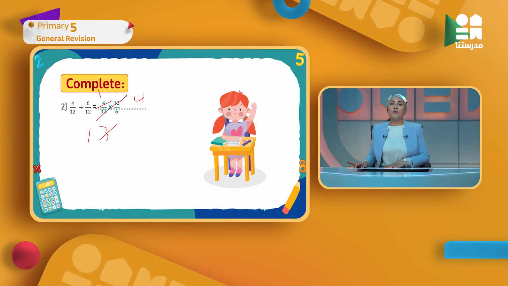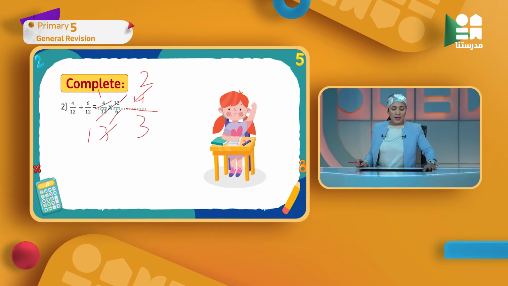So here I now have 4/6. Both of them can be simplified or divided by 2. So 4 divided by 2 is 2 and 6 divided by 2 is 3. So the final answer for both of them is 2/3.